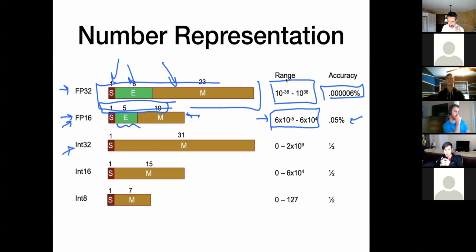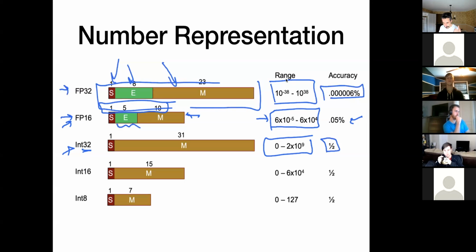For integer values, these are fixed values with the exact same space between them. For 32-bit integer representation, this is the range that you cover, and you know that for integers, the actual precision that you have is exactly the same.